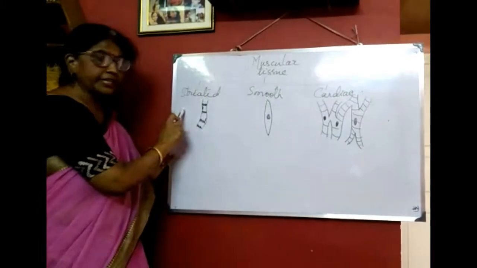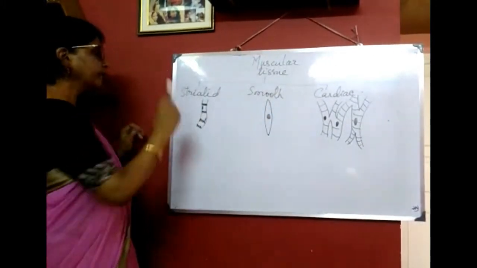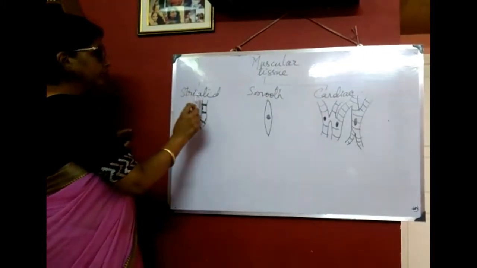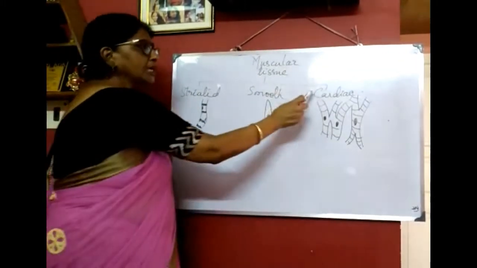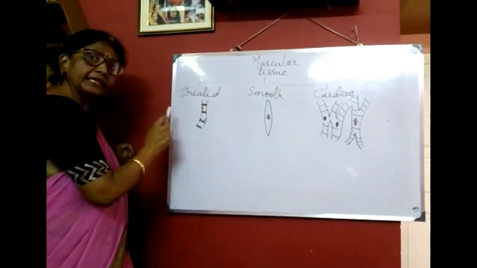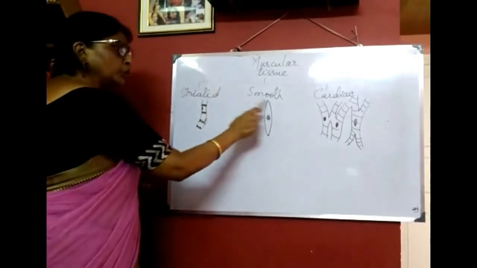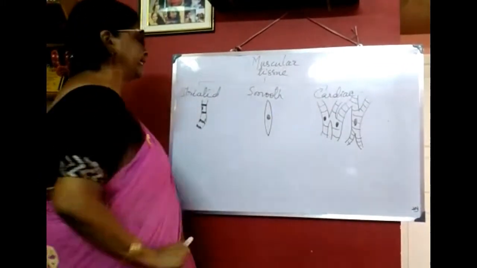Striated muscle is voluntary, smooth muscle involuntary, cardiac muscle involuntary. Striated muscle is unbranched, smooth muscle unbranched, cardiac muscle branched. Striated muscle gets fatigued, smooth muscle gets fatigued, cardiac muscle never gets fatigued.